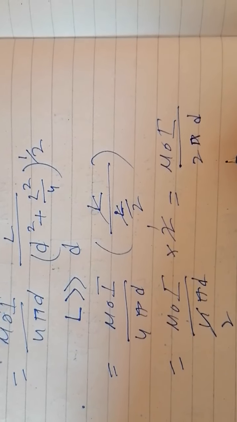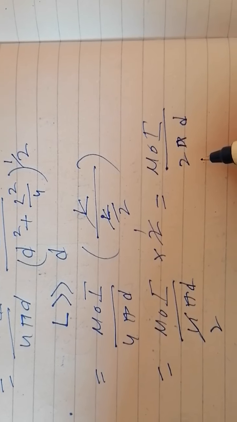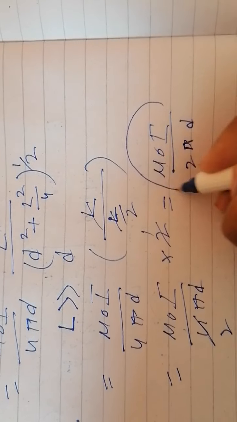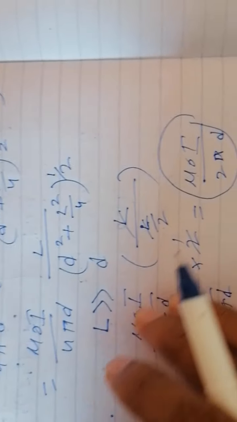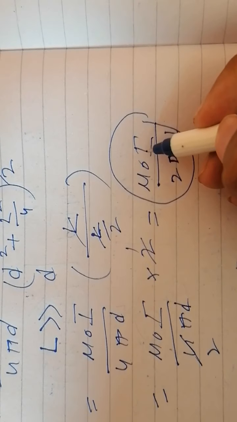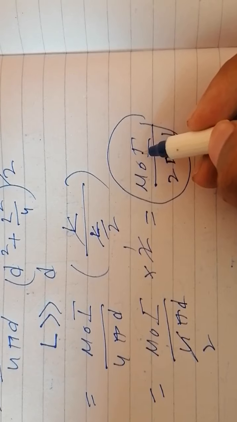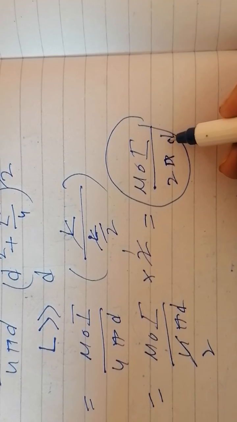So this is the magnetic field produced by a line segment. This is the result. So this depends on the current carried by the wire and the distance from the wire.